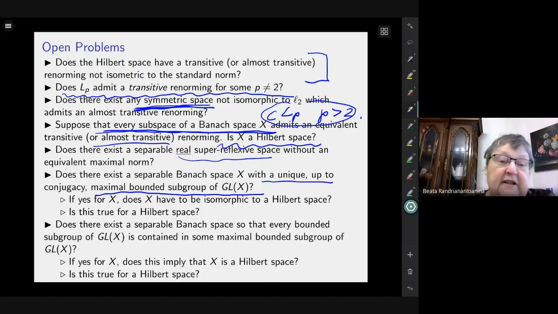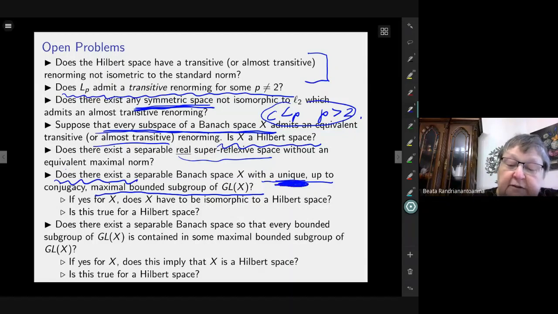A similar example would work in every symmetric space. There are many spaces where this example that I described would work. Does there exist any Banach space at all which has a unique maximal subgroup? Is this true for Hilbert space, for example?